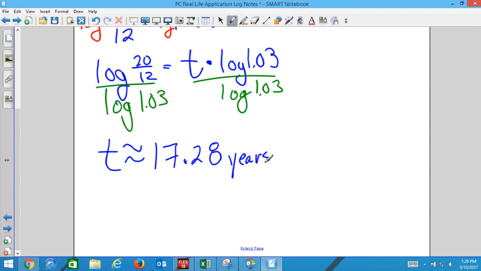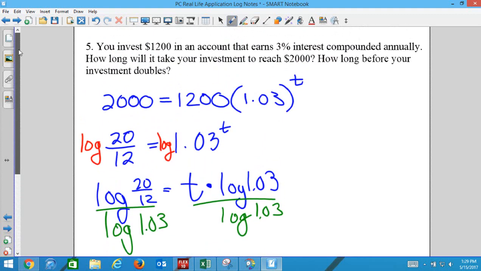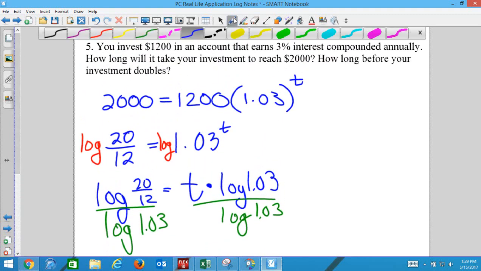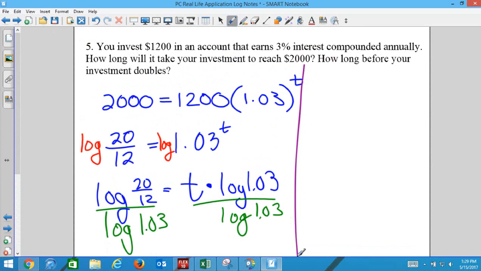Okay, the next question is, how long is it going to take to double? I'm going to start with 2,400 equals 1,200 times 1.03 to the t. I just had to figure out what double 1,200 is. Then we divide by 1,200. Pay attention to this to save yourself some time.